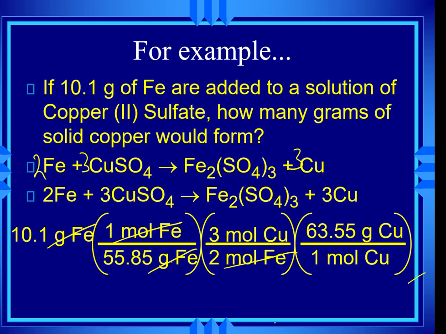And you got your calculator, push all the buttons. 10.1 divided by 55.85 times 3 divided by 2 times 63.55. 3 sig figs in the 10.1, 4 in the 55.85, unlimited in the 3 and the 2. And 4 in my 63.55, so my answer can have 3 sig figs. And that works out to be 17.2 grams of copper.